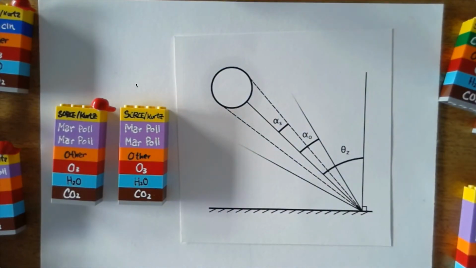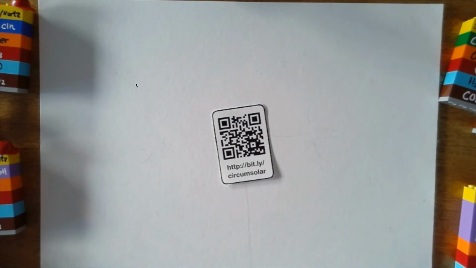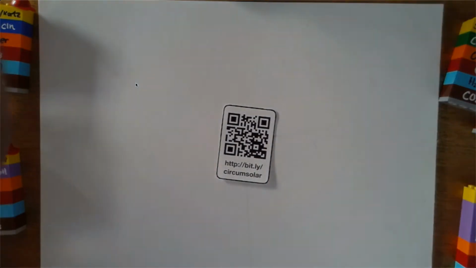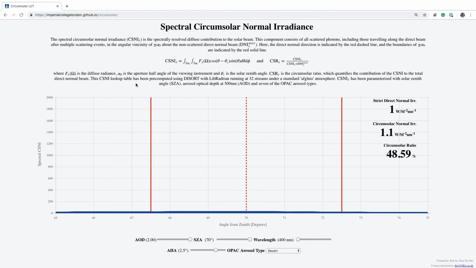And just to show you the effect of circumsolar radiation, I prepared a little demo, which you can follow along on your phone if you want. If you go to bit.ly/circumsolar, you can see this plot showing the circumsolar normal irradiance, the circumsolar component of the radiation, against the angle from zenith. Right now there's nothing.